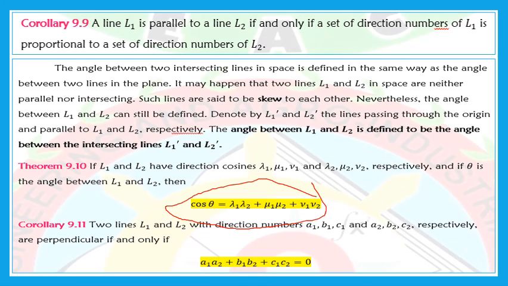In corollary 9.11, two lines L sub 1 and L sub 2 with direction numbers, respectively, are perpendicular if and only if this sum is equal to 0.